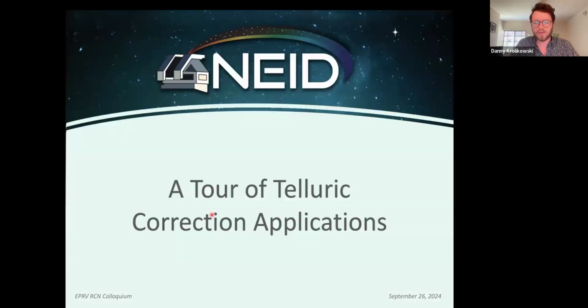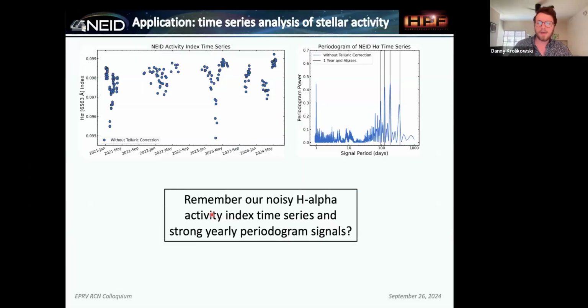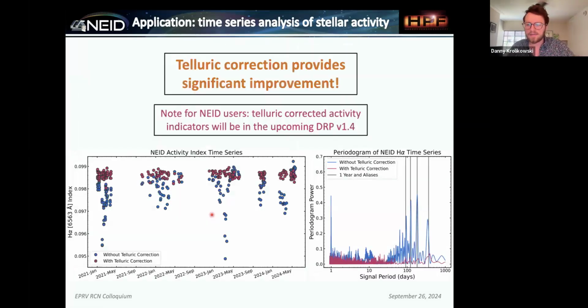So just to give a quick tour of some of the science applications of the telluric correction. If we think back to what I showed at the beginning of the talk, of the temporal noise contamination of NEID's H alpha time series. Well, if we apply our telluric correction, it completely removes that noise, which is great. It's exactly what we would expect.